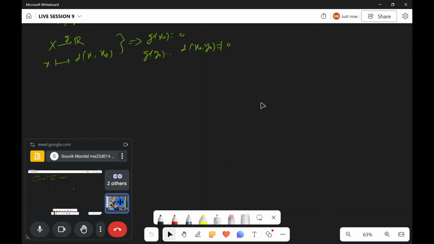So this tells that the image of g has at least two distinct elements. But observe that since X is connected and R is compact, the image of g must be an interval.